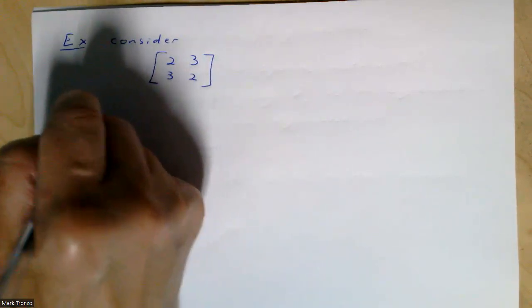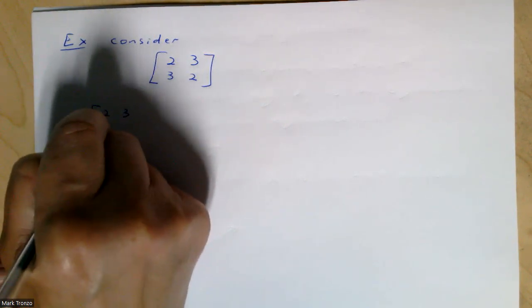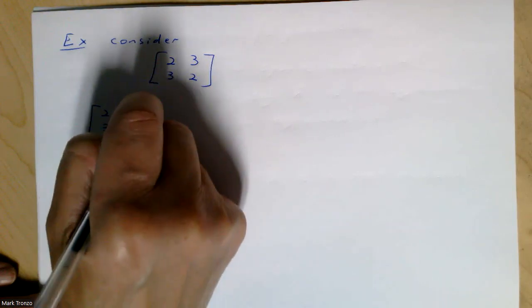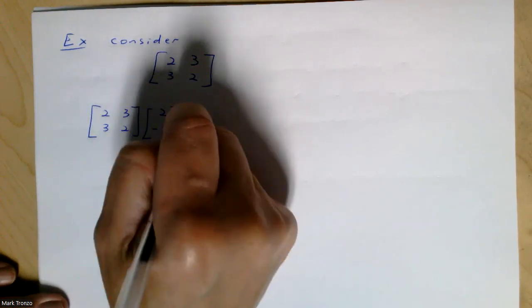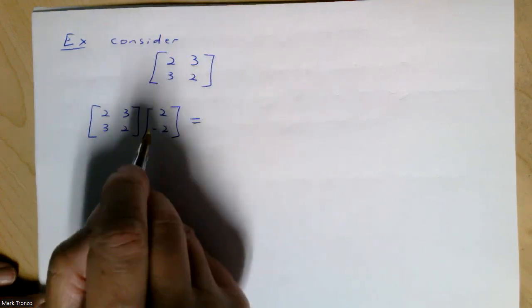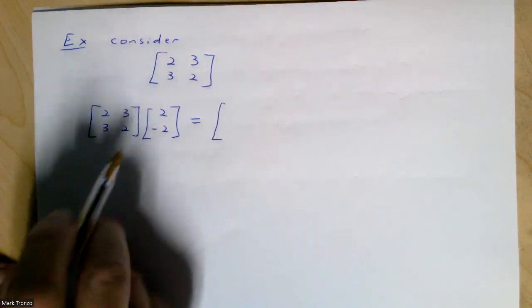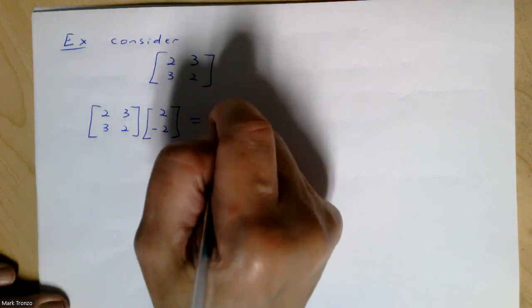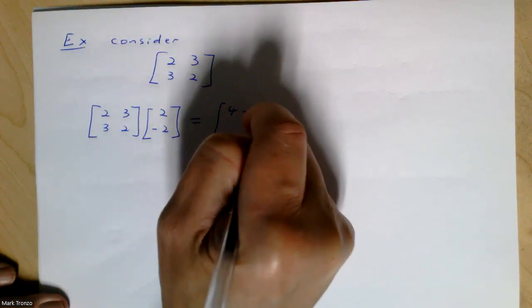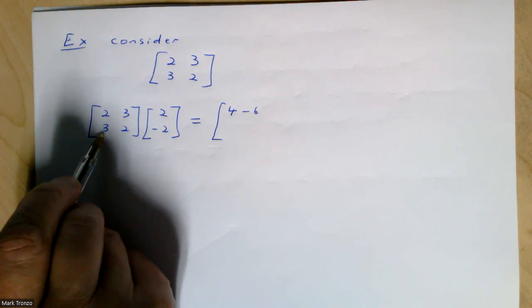If we multiply that by this vector, and we go through the multiplications, we get 4 minus 6, and 6 minus 4.